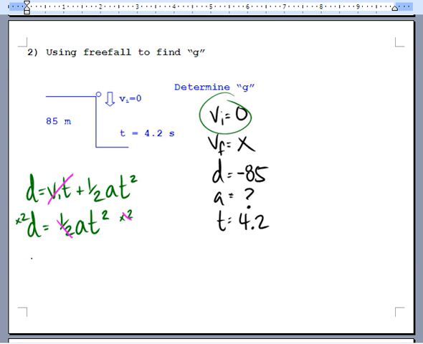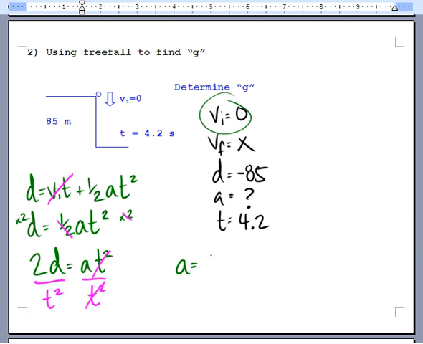We're left with 2d equals AT squared. And now we're simply going to divide by t squared. So something kind of different just to practice that. We end up with that equation. A equals 2d over t squared.